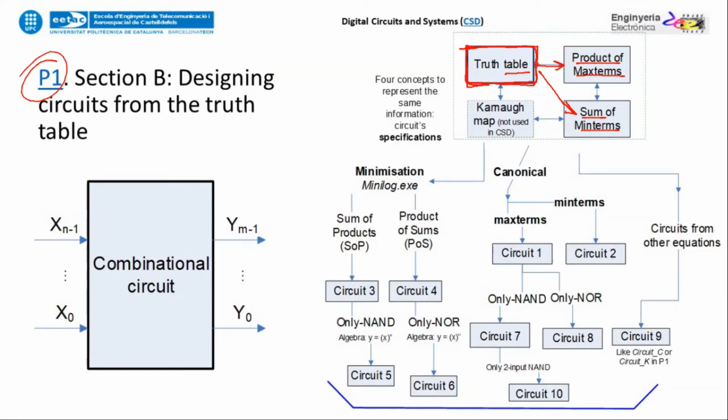There is something very simple here if we have to invent a circuit, because we can use the canonical equations. If we have in mind the product of maxterms or the sum of minterms, we already have circuits, because the equations are directly a circuit. If you represent it as a logic diagram, it is a circuit already.